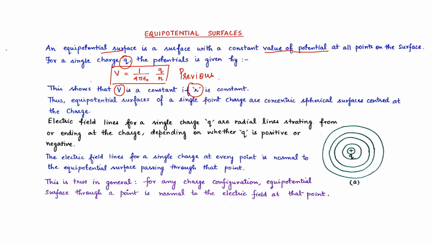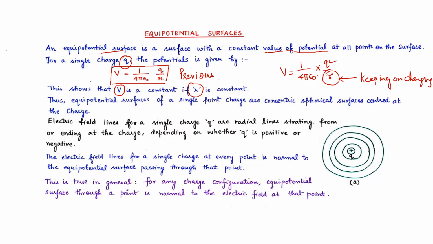Here the changing factor in this whole equation V equals 1 by 4 pi epsilon naught into Q upon R is only R. R is a factor which keeps on changing. Why is Q not changing?